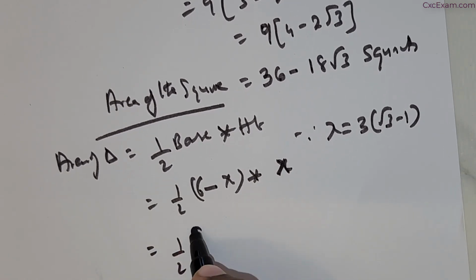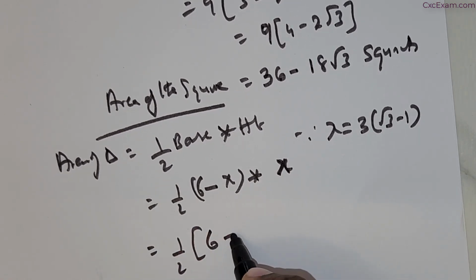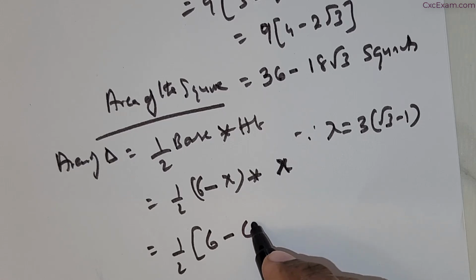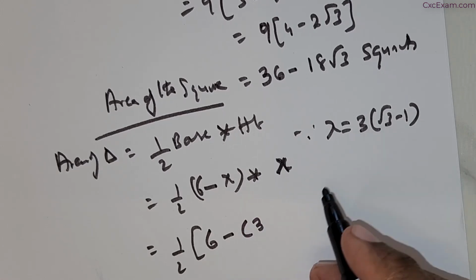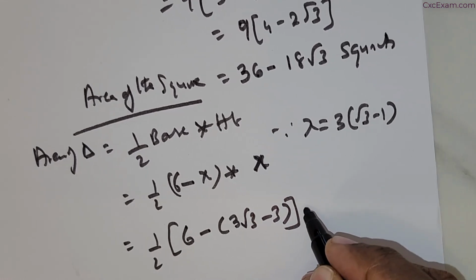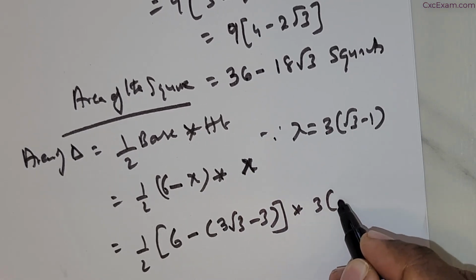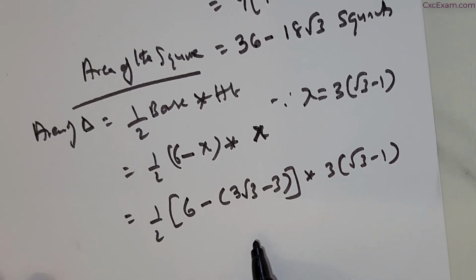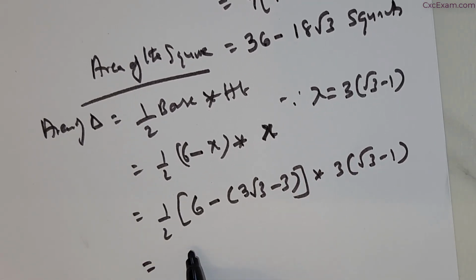So this is going to be 1 over 2 times 6 minus of 3 times, I'm going to distribute this, 3 times the root of 3 minus 3 multiplied with 3 times the root of 3 minus 1. So this is going to be 6 over 2. I'm distributing this.